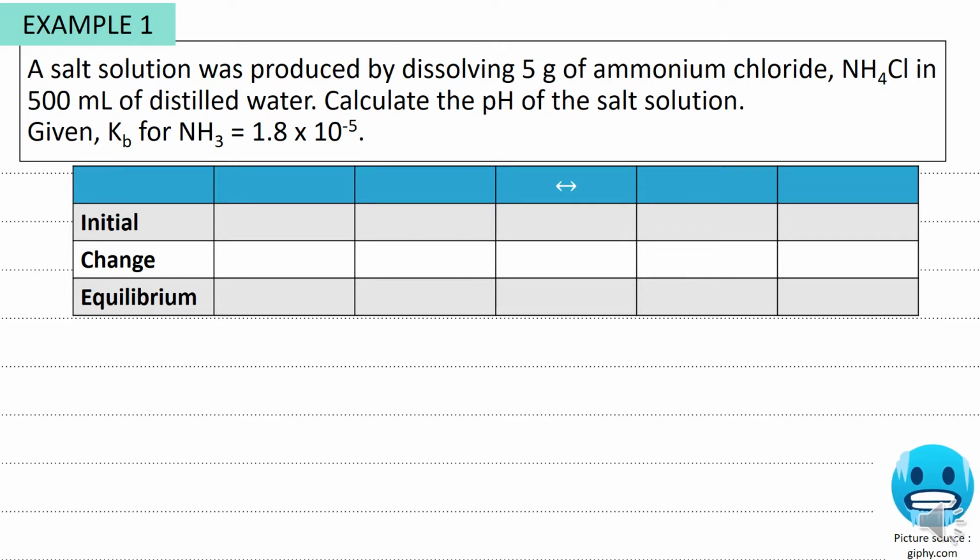Okay, so this is the ICE table, where I is referring to the initial, C is for the change, and E is for the equilibrium.